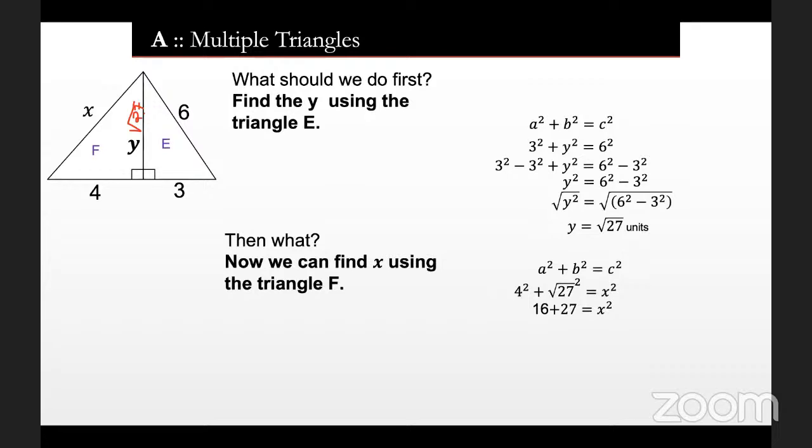So right now when we are doing x, when we add that, we get what? 43. Yes, 43. So the answer, if it were a multiple choice question, might come up as the square root of 43, because you are not allowed a calculator in the exam.